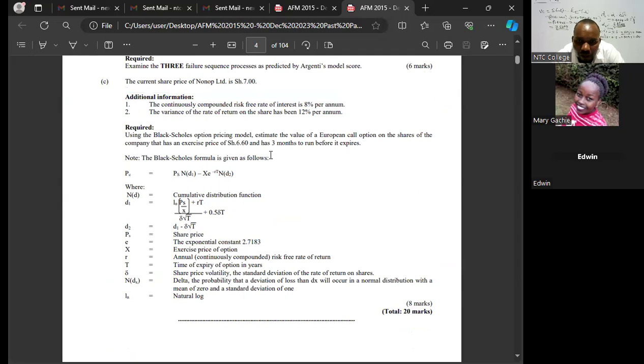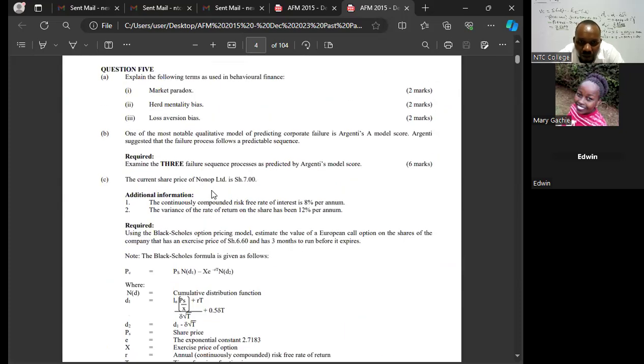Can somebody try this? The current price is given as this. The continuous compound rate, our risk-free rate is that one. The variance of the rate is this, is risk. So we are given current price in the S. Is it the S?